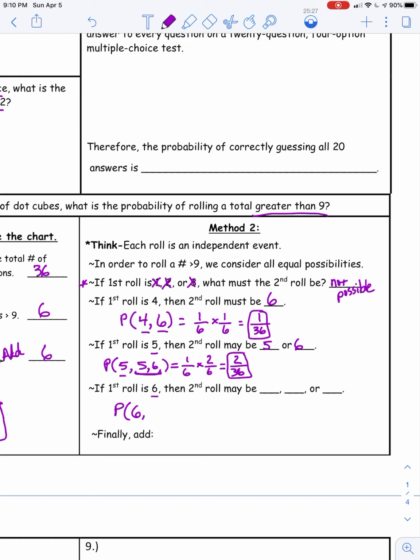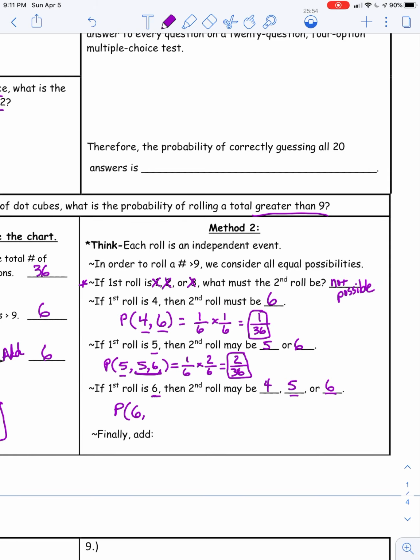If my first event rolls a 6, then my second roll may be a 4, because that would give me 10, right? A 5 or a 6. Because if I roll a 6 on the first one and I roll a 5 on the second one, that gives me a total of 11, which is greater than 9. If I roll a 6 on the first roll and I roll a 6 on the second roll, then I have a total of 12, which is also greater than 9.